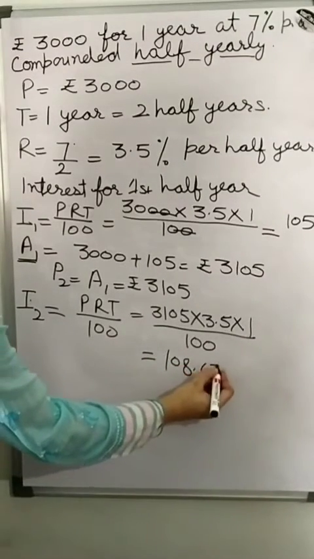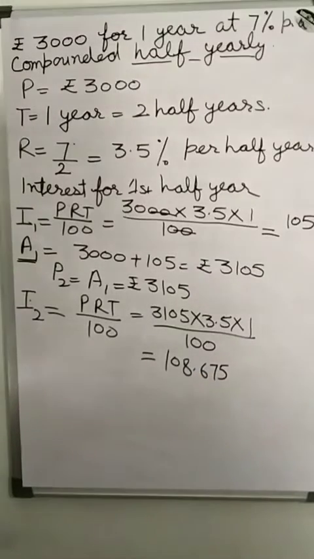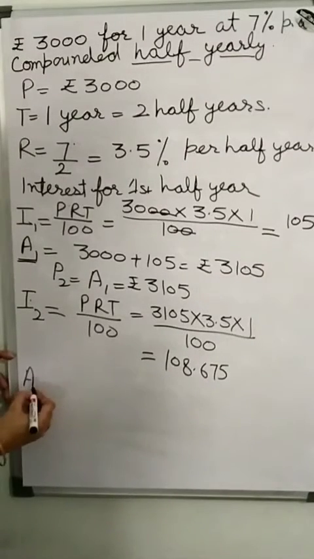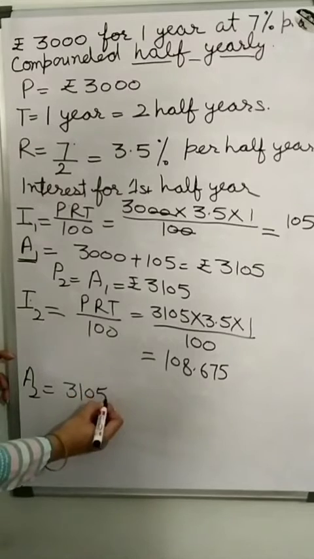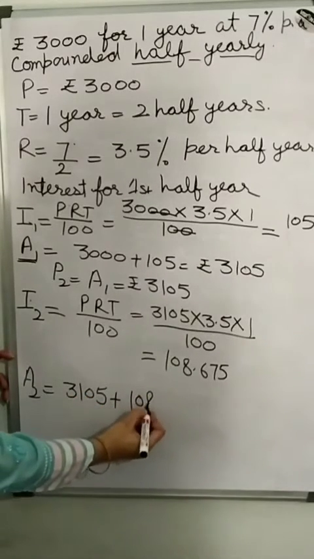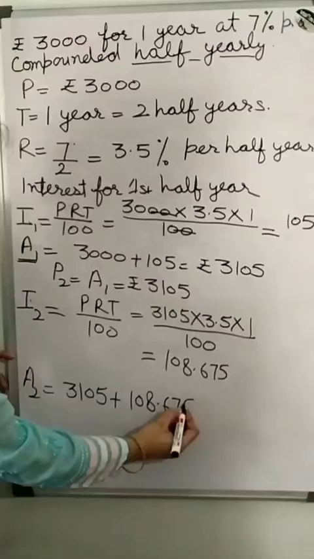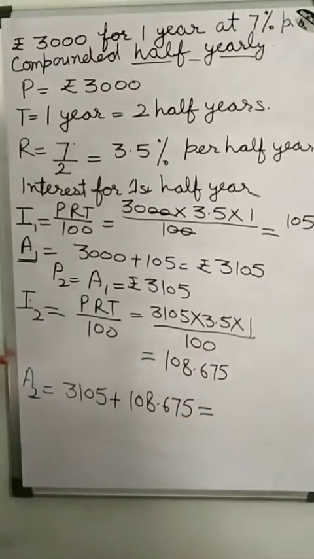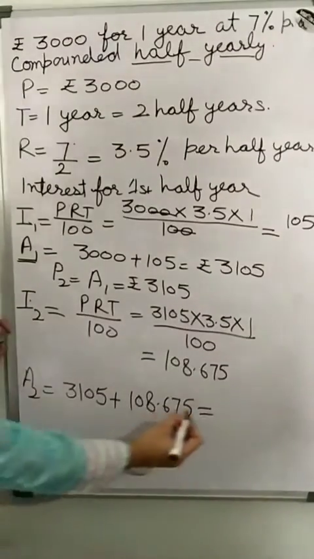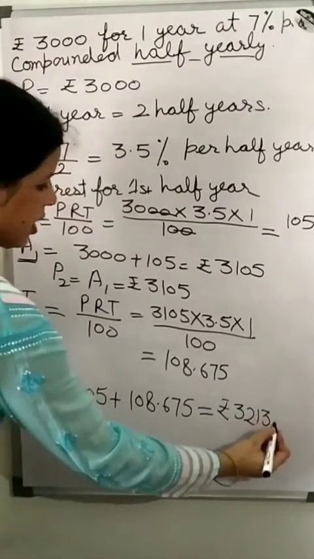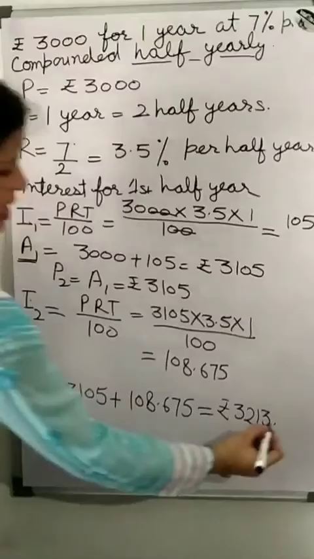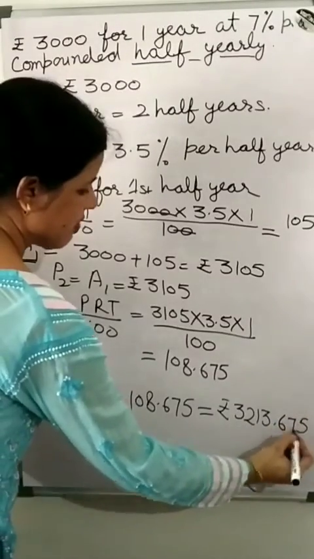That is 108.675. So this is the interest. Now amount is equivalent to 3105 plus 108.675, and it is equivalent to rupees 3213.675.